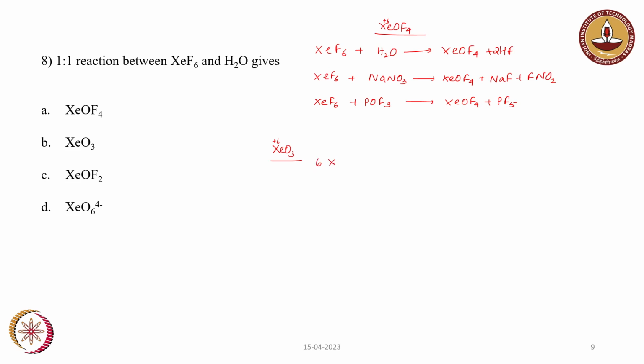So 6 XeF4 plus 12 H2O will give 4 Xe plus 2 XeO3 plus 24 HF plus 3 O2, and XeF6 reacting with water will give XeO3 plus 6 HF, and XeO6 4 minus can be obtained from XeO3.